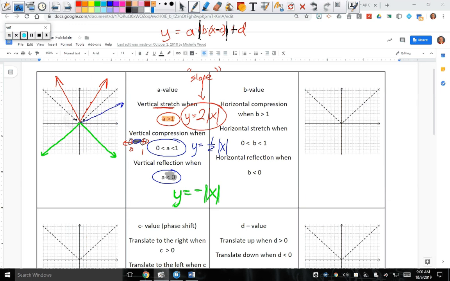Up 1 to the left 2, up 1 to the left 2, up 1 to the left 2. And you can see, like that giant analogy that I showed, that if you compress it, it makes it wider. If you stretch it, it makes it narrower. And if you multiply it by a negative, you just turn it and reflect it. So for the vertical compression, we write it like vertical compression by a factor of 1/2. Perfect, just like that.